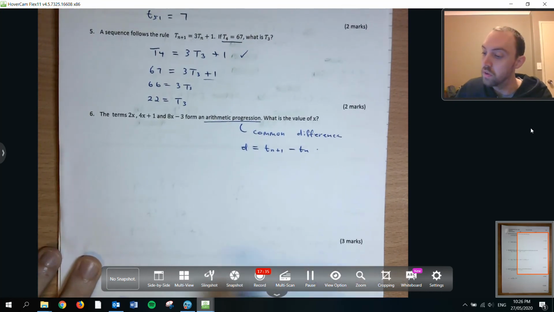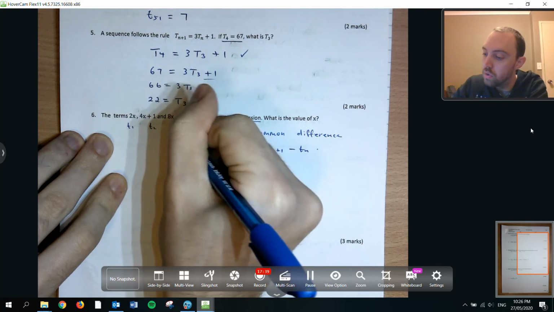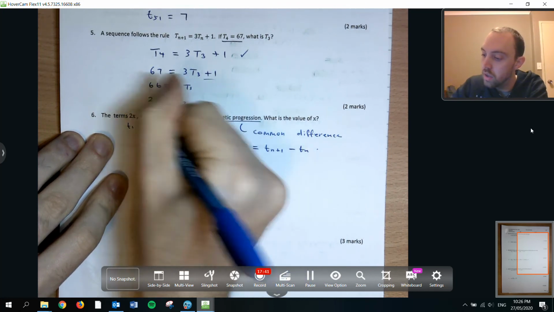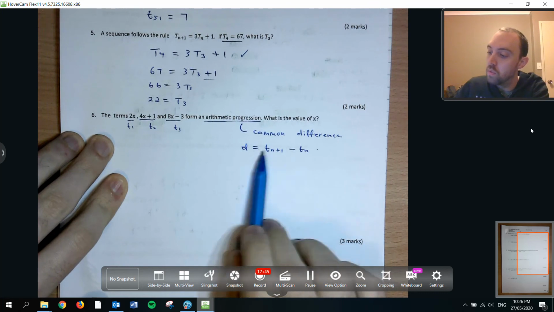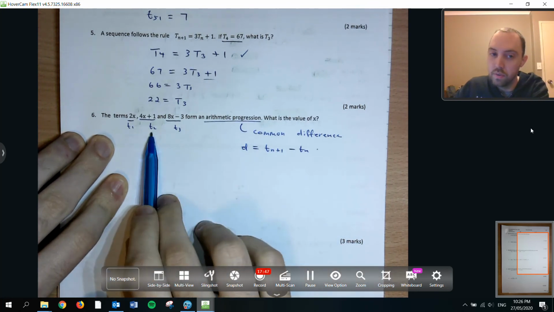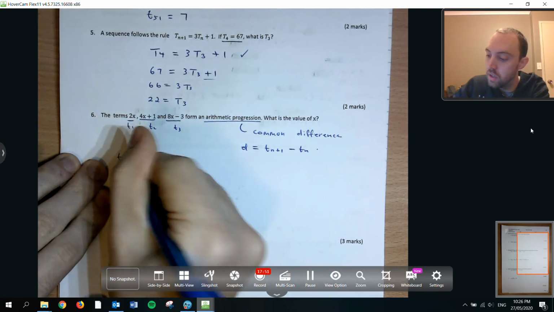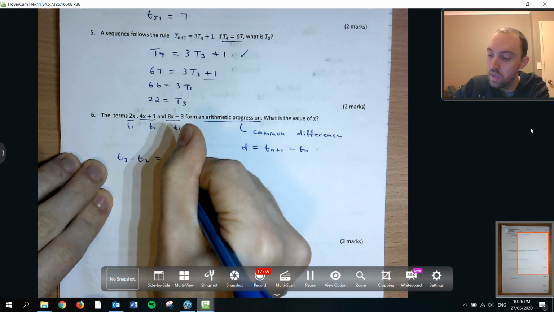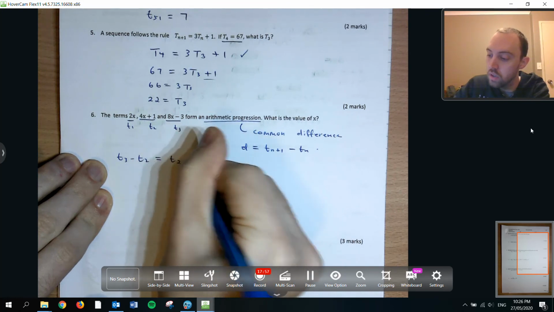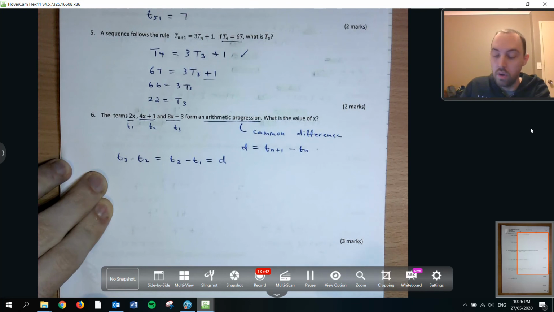Which is important because we have 3 terms, which I'm just going to call T1, T2, and T3. So when I do the next one, take the previous one, I should have the same number. So T3 take T2 is equal to D, which is also equal to T2 take T1. Both of those terms should be the common difference.